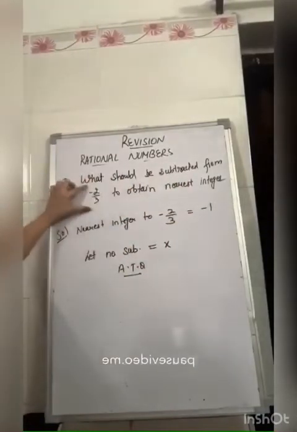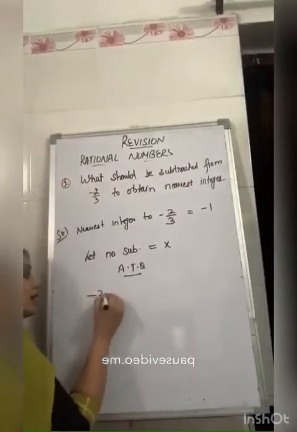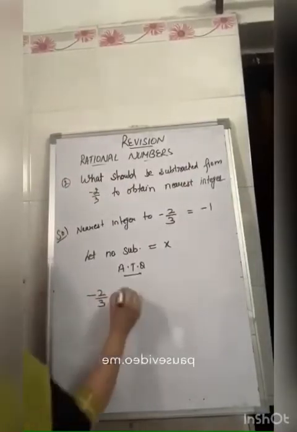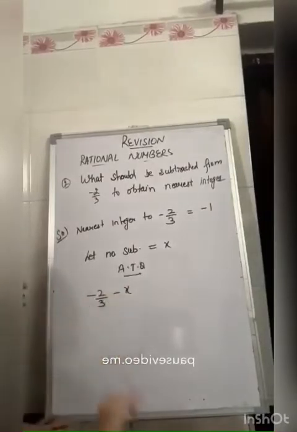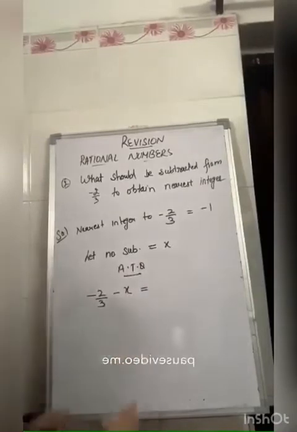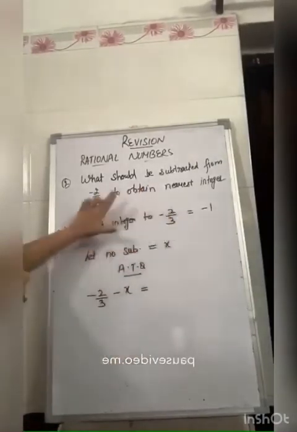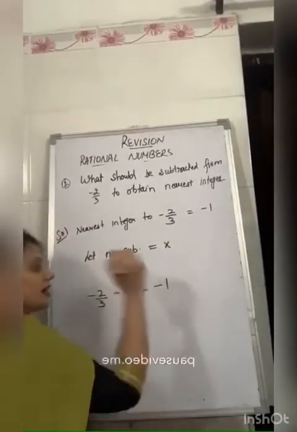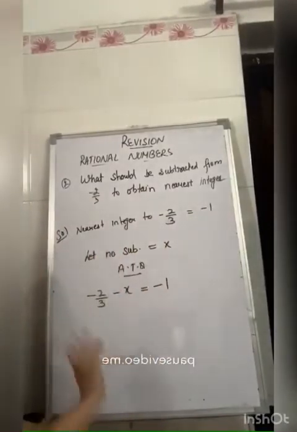From के बाद जो नंबर है वो पहले आता है. Minus 2 by 3 में से क्या माइनस किया जाए? So we have supposed that x should be subtracted so as to get the nearest integer, and the nearest integer to minus 2 by 3 is minus 1. Right? I hope it is clear to you all.